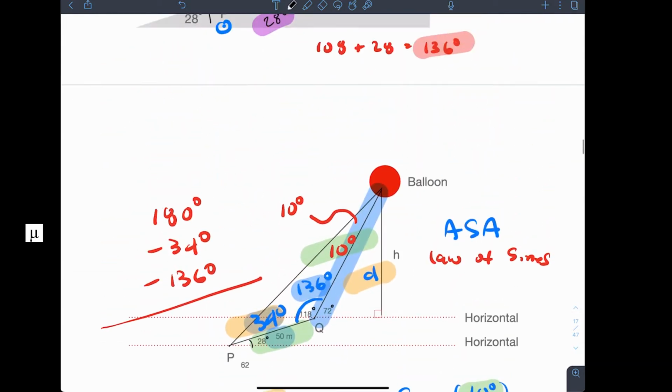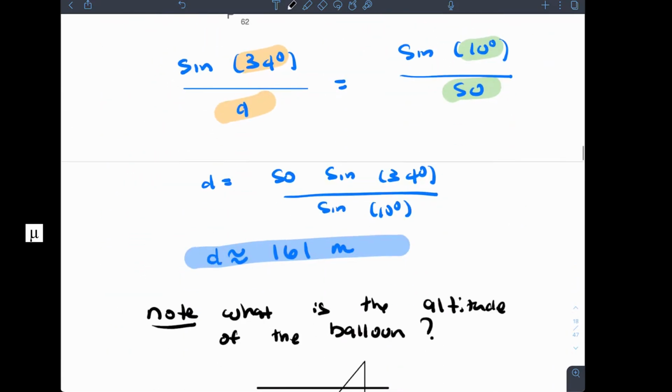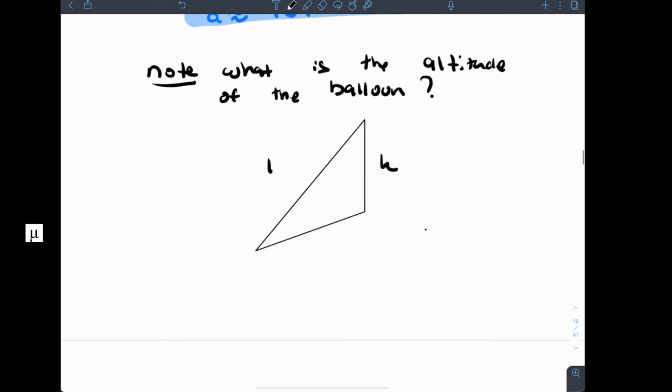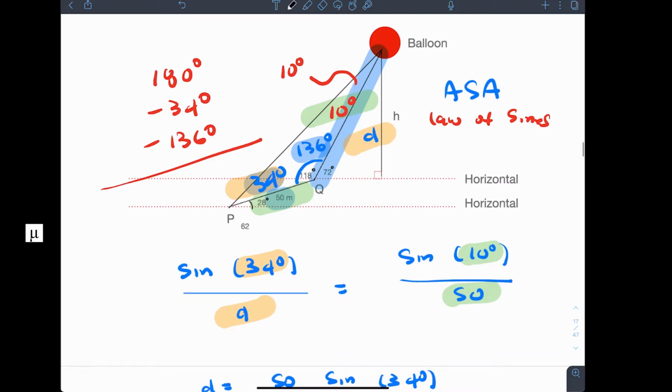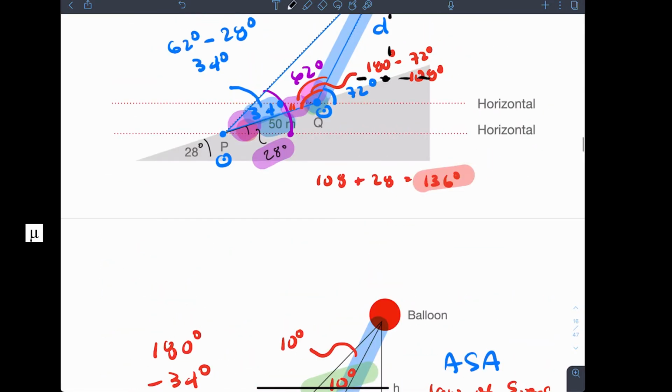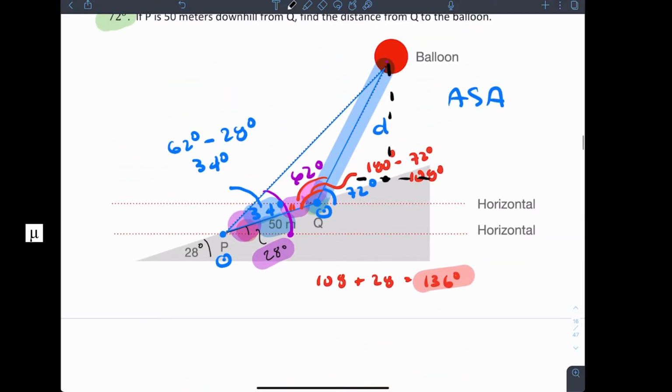Right? So you have D. What was D? 161 meters. You have this angle here, 30. What do you have here? Well, they didn't ask, but you have a bunch, you're going to have to find this angle here.